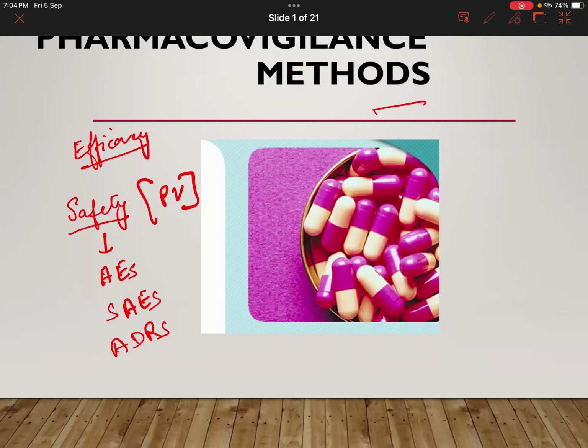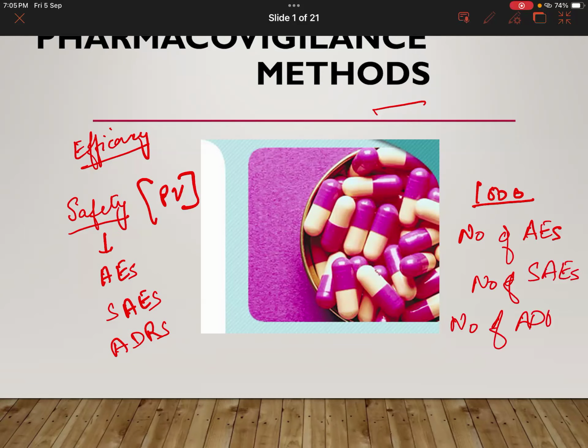Suppose there are 1,000 subjects in your trial. How many number of AEs, number of SAEs, number of ADRs? This will give you a fair idea about the safety. That's about your clinical trial.